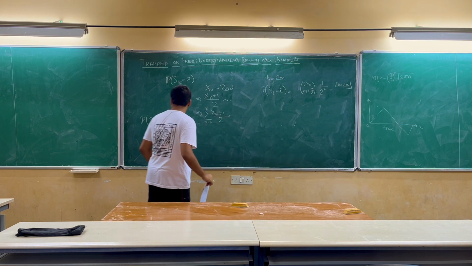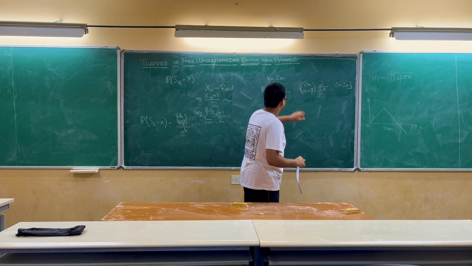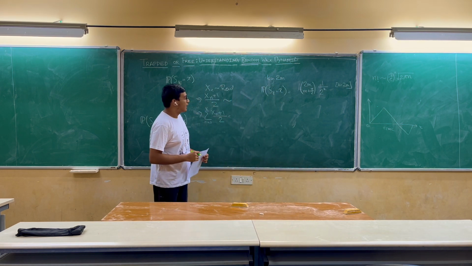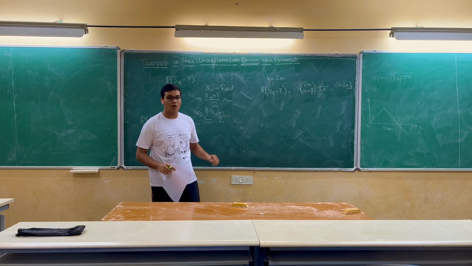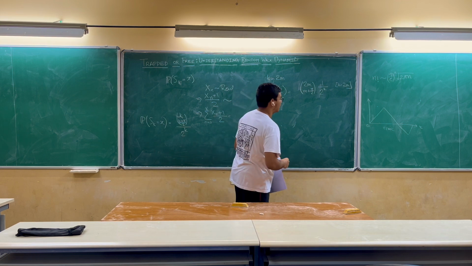An interesting thing is, if we take an even number of steps, then the position x should be even. Why? Because after taking an even number of steps, the random walk can't really stand at an odd position, because that would make a contradiction.